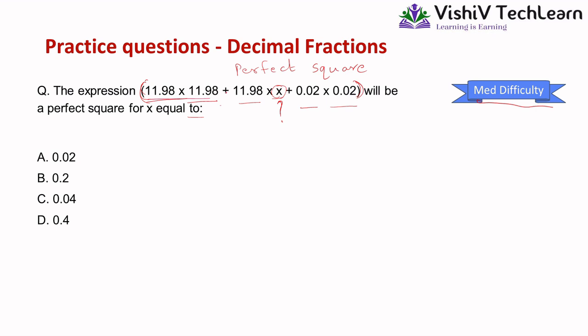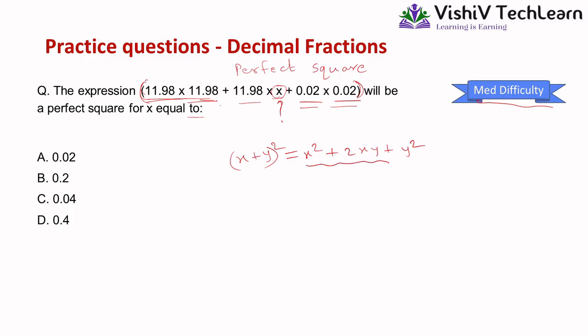Now when we look at this expression, 11.98, 11.98, 0.02, 0.02, what we are reminded of is the expression x square plus 2xy plus y square, and this is nothing but x plus y whole square, correct?